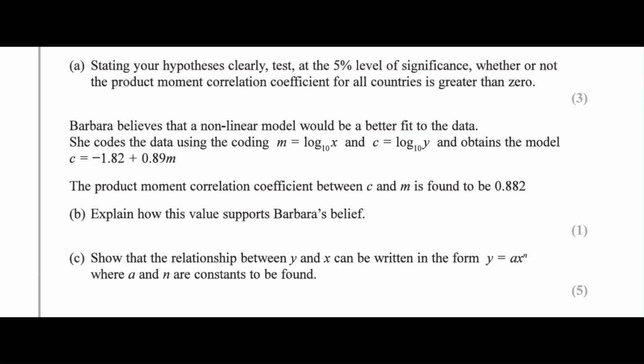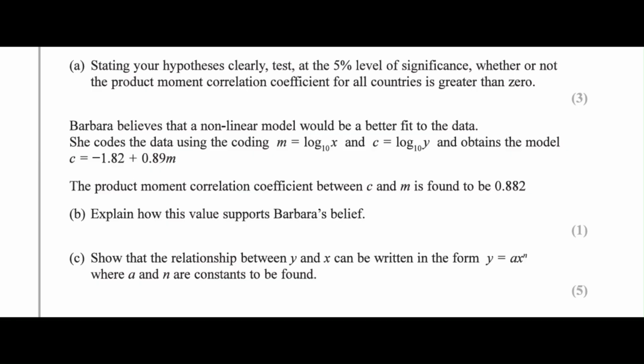Part B. Barbara believes that a non-linear model would be a better fit to the data. She codes the data using the coding m is equal to log x to the base 10 and c equals log y to the base 10 and obtains the model c equals minus 1.82 plus 0.89 m. The product moment correlation coefficient between c and m is found to be 0.882.